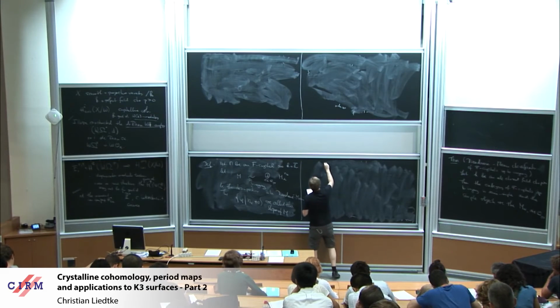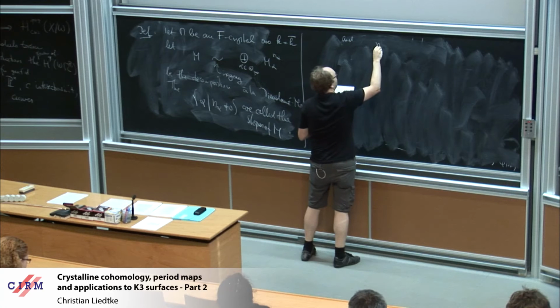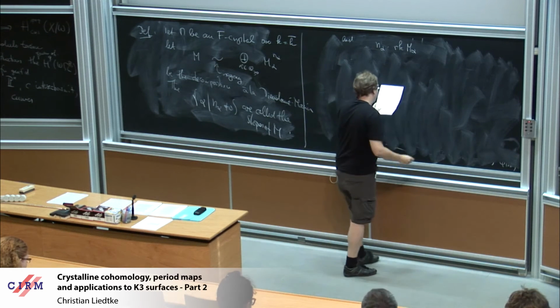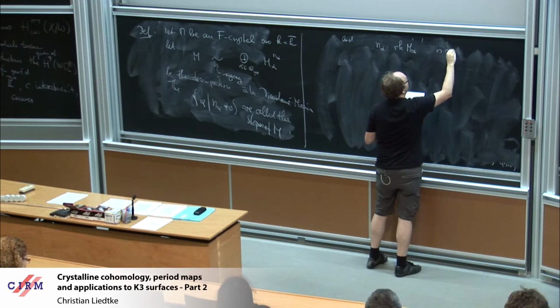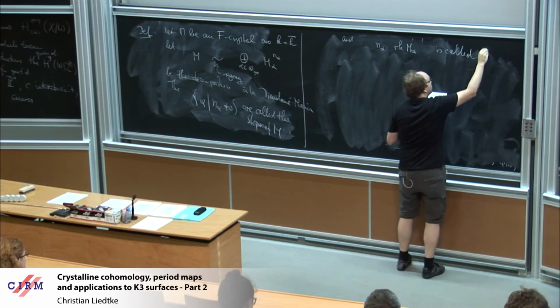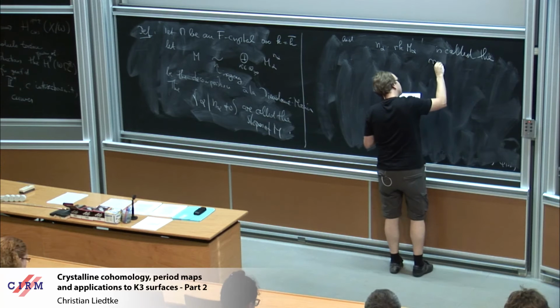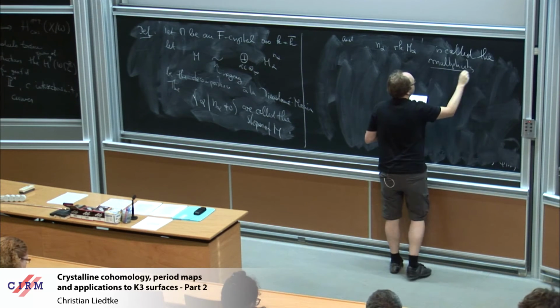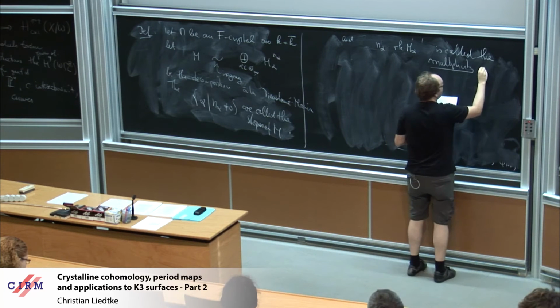And n alpha times the rank of M alpha is called the multiplicity of the slope alpha.